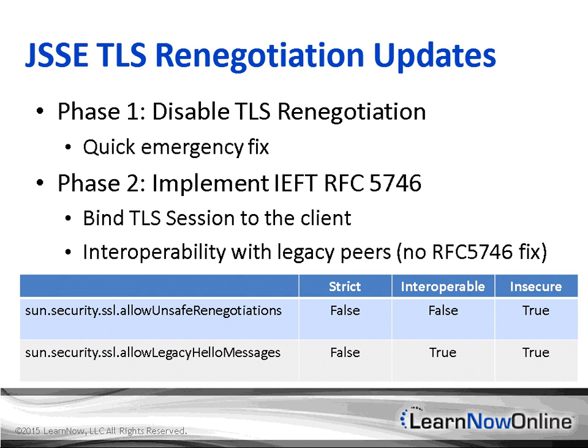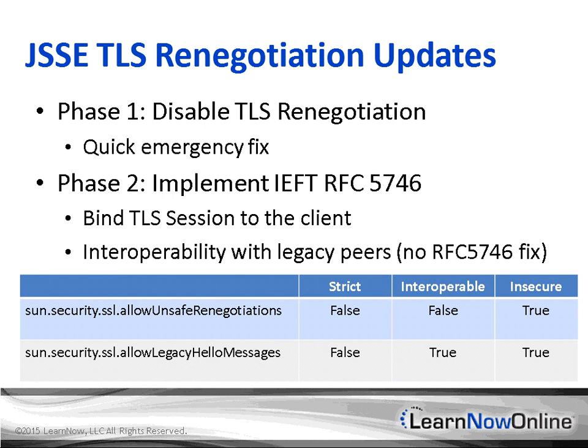The system property sun.security.ssl.allowUnsafeRenegotiation determines whether to permit legacy renegotiations. That's renegotiations with peers that have not upgraded to the IETF patch. This system property was introduced in Phase 1, where it could be used to re-enable the TLS renegotiation feature.